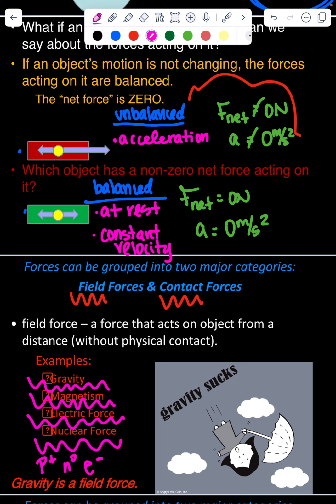The electrons are not stuck to the positively charged nucleus, but they are orbiting it. They are not touching, but they are still feeling the effects of that nuclear force. Those protons are pulling those electrons in, so they are all field forces.